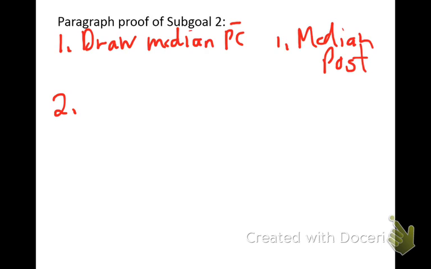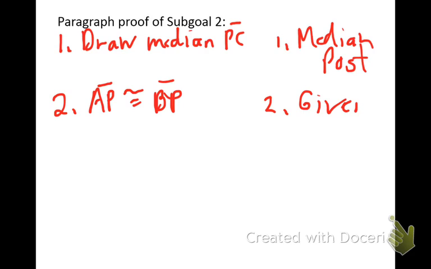Step 2, what are we given in this? Let's hear from somebody else besides Shatish. What am I given? Nick, Ben. AP is congruent to BP. Yeah, we've got AP congruent to BP, and that's given. All right. And then if PC is the median, what else do we know is congruent? Nina?